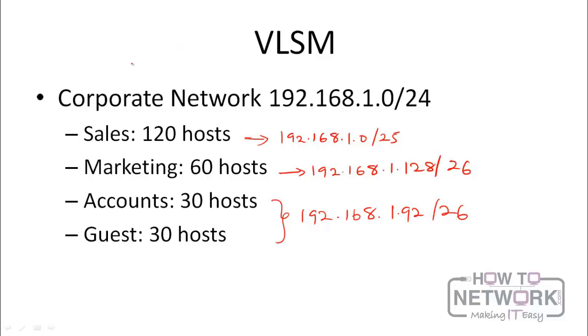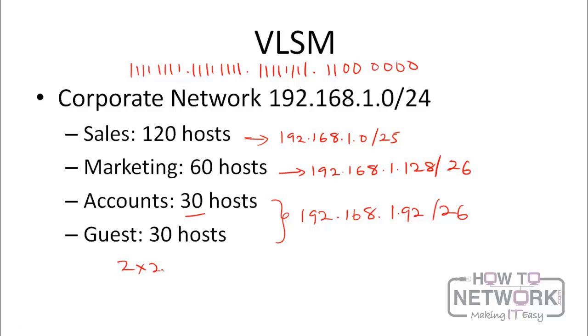So again, our /26 would be 26 ones. So we have 11111111 first octet, 11111111 second octet, 11111111 third octet, and that's 24. So we have 11000000 last octet. Again, once subnetted into 30 hosts, if you want to find the number of host bits, we're going to start by finding the smallest power of 2 that is greater than 30.